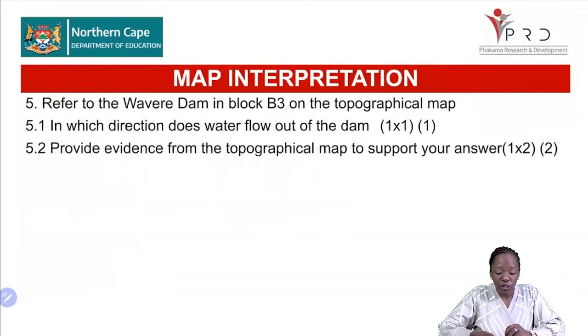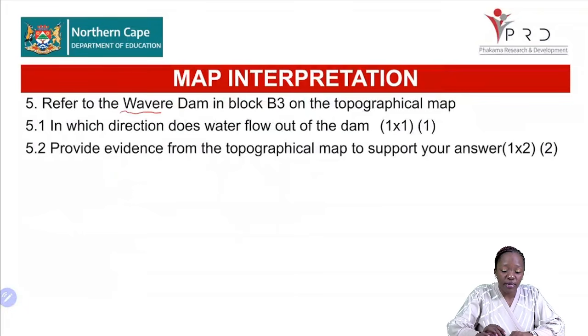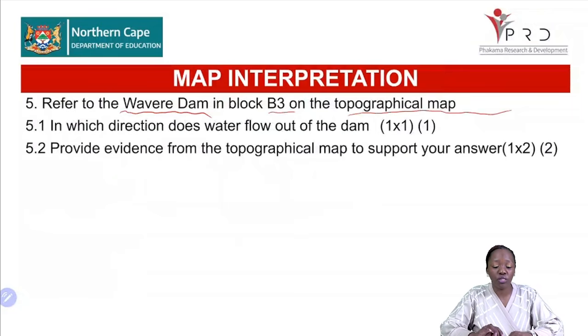Then your question number 5, we have 2 questions. You refer to the weir dam in block B3 on the topographical map. So these questions are based on block B3. As you are going to your block B3, you are looking for the weir dam. The first question, in which direction does the water flow out of the dam? Remember, it is important to know how to find the direction on the map.